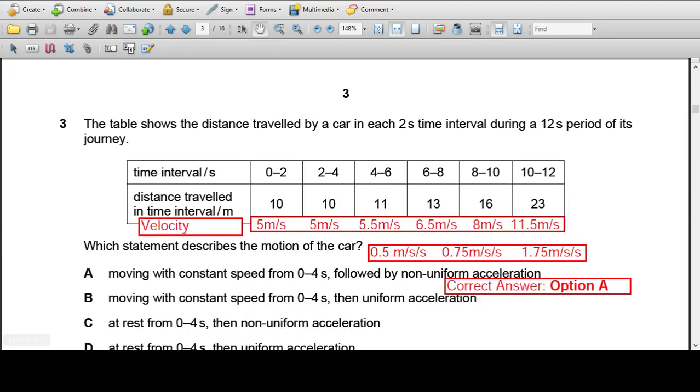The table shows the distance traveled by a car in each 2 seconds time interval during a 12 seconds period of its journey.